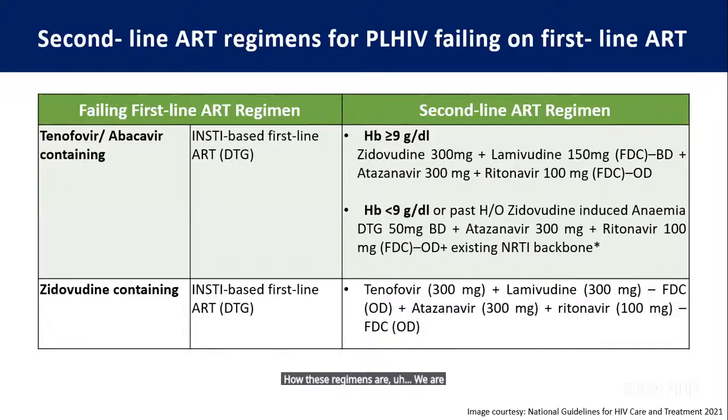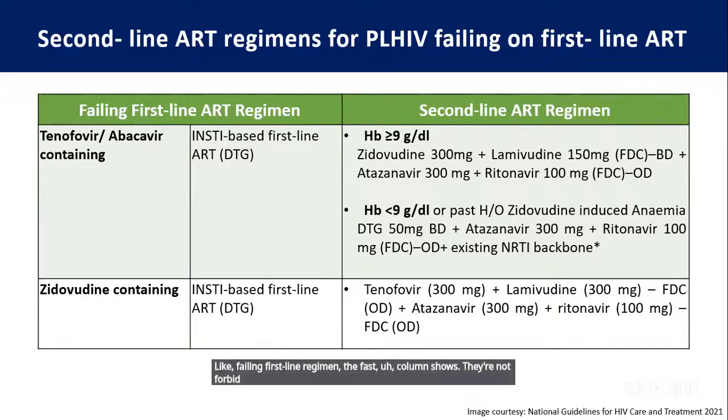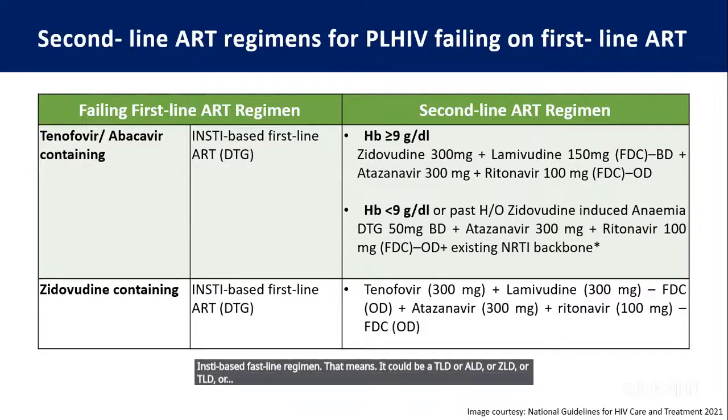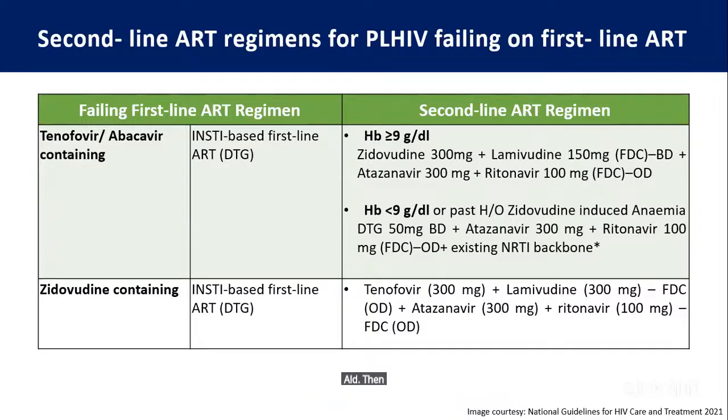Now, coming to the different regimens that are prescribed in our national program, how these regimens are decided. For a failing first-line regimen, the first column shows a tenofovir or abacavir containing INSTI-based first-line regimen. That means it could be TLD or ALD or ZLD. If it is a failure, the second line has to be decided based on the hemoglobin level.